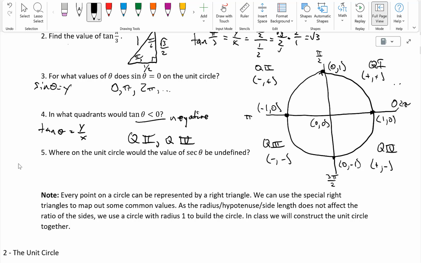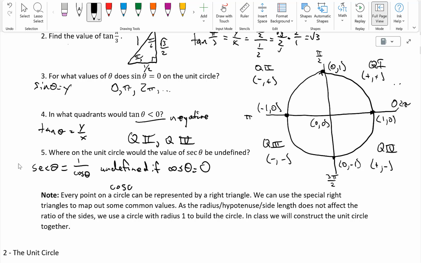5, where on the unit circle would the value of secant theta be undefined? So secant theta, I'll use the reciprocal, is the same as 1 over cosine theta. This is undefined if we're dividing by 0. So if cosine theta equals 0. So we talked about where sine was 0, all the places where we're on the x-axis, right, where we have no y movement up and down.